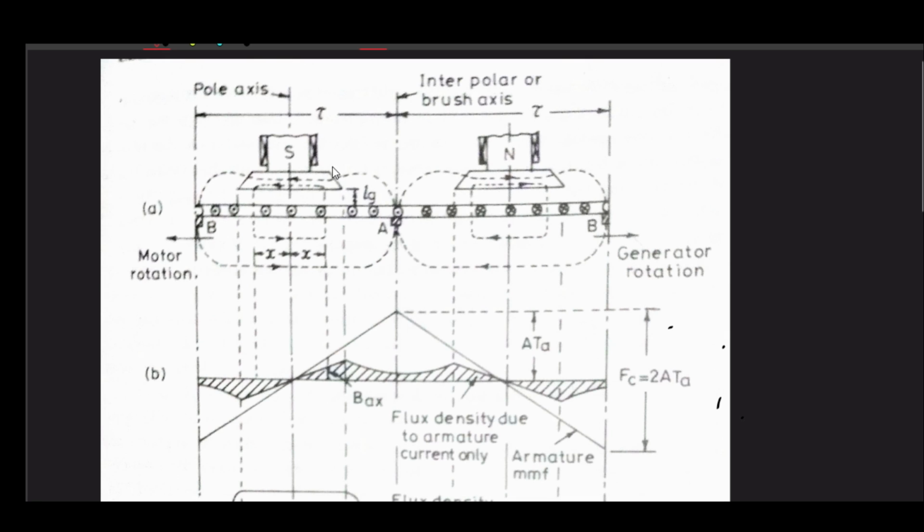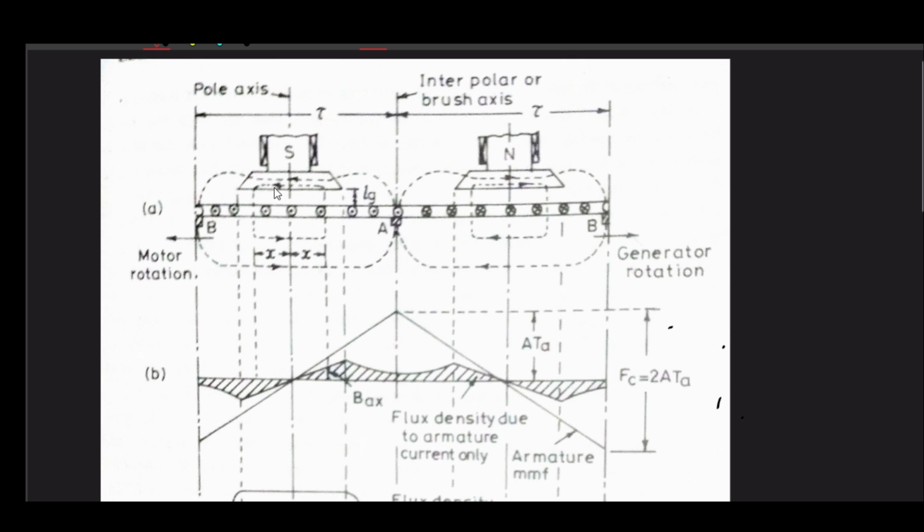As we discussed, if we make our pole shoes curved and we take serious care in design, if we design the pole shoes in a very careful manner, then we will have almost a sinusoidal variation of our field.